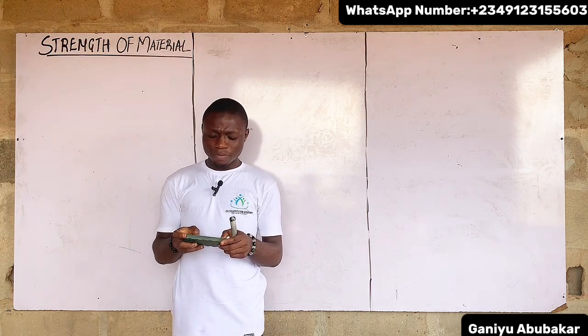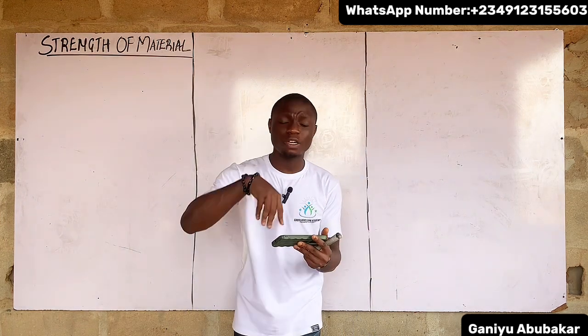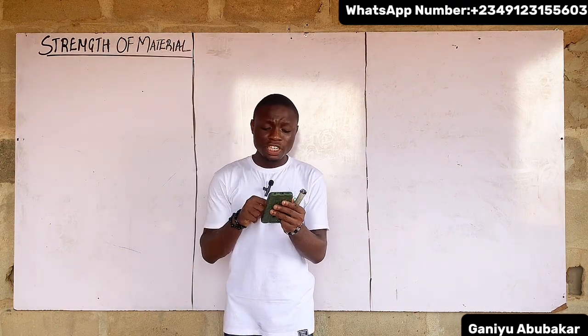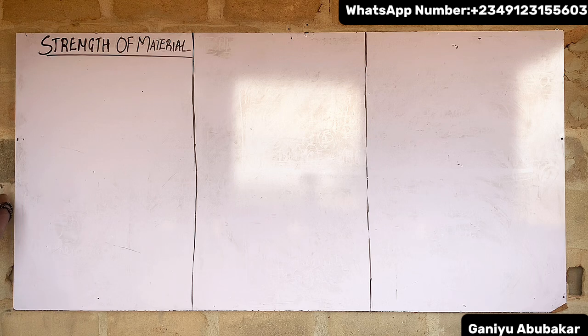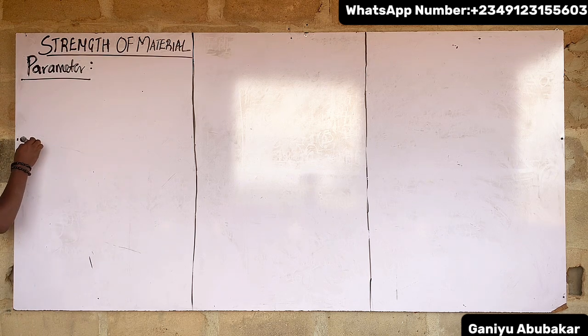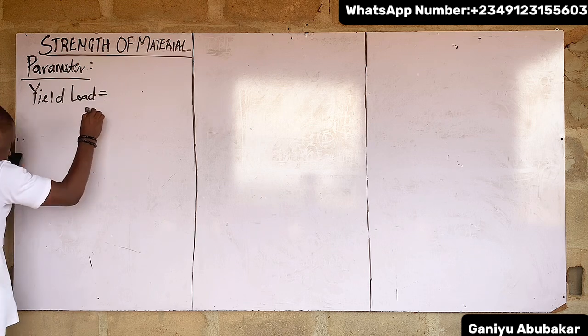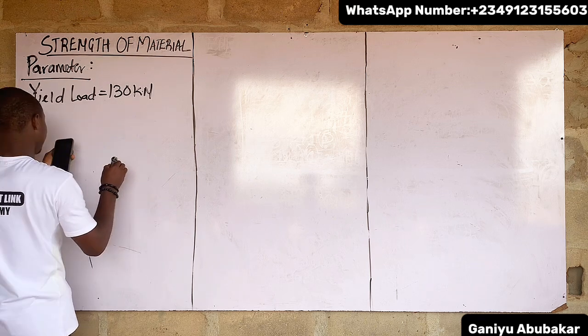The question says that after they went to the lab and did some estimation, the information gathered was this. In a tensile test run, the yield load is 130 kilonewton. So, the givens, the parameters: I'm given that the yield load is equal to 130 kilonewton.